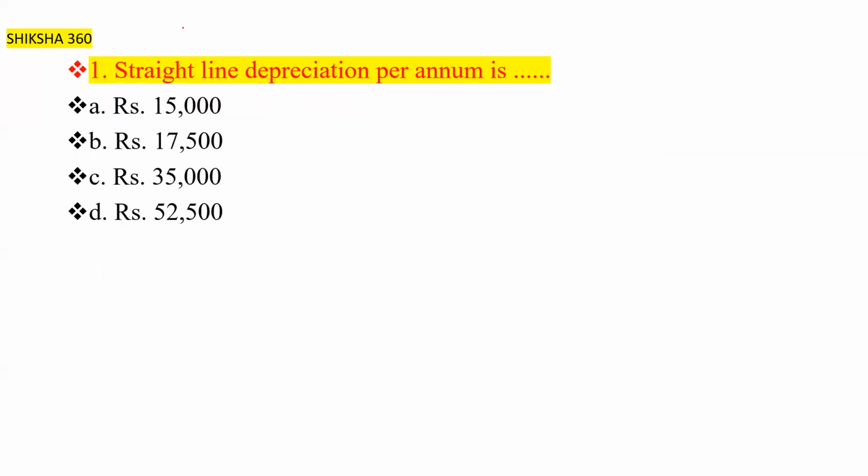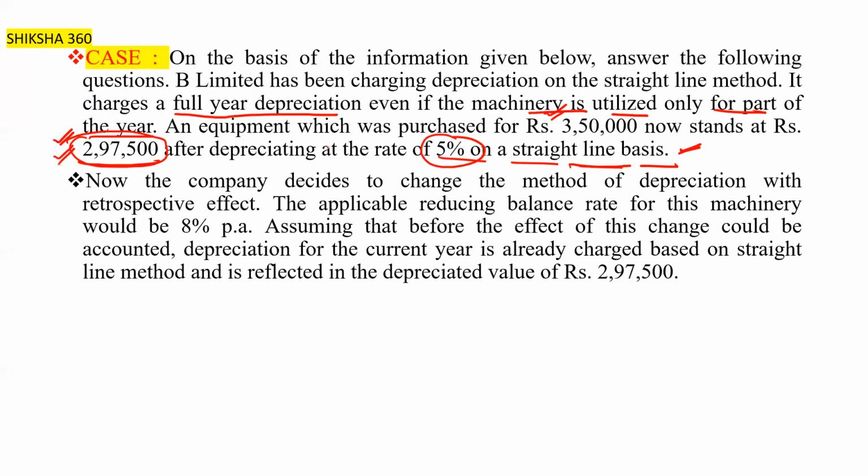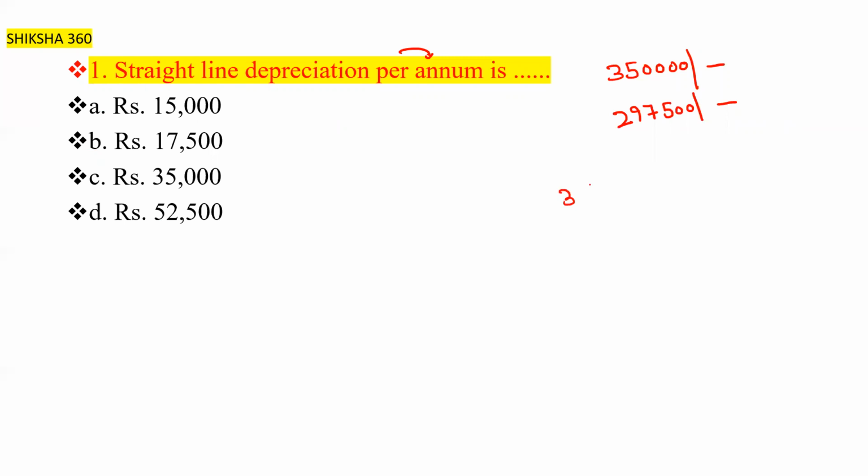Now what they are asking here is the straight line depreciation per annum. Actual cost is 3,50,000. Now the amount left is 2,97,500. And they are asking further that the rate is to be 5%. So calculate 5% of 3,50,000.